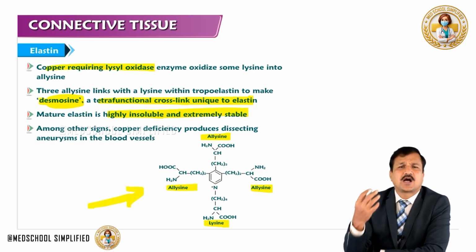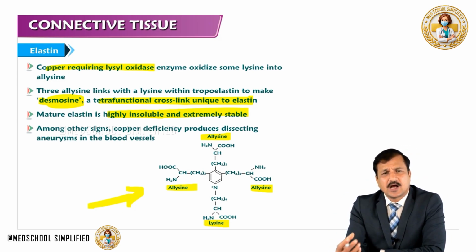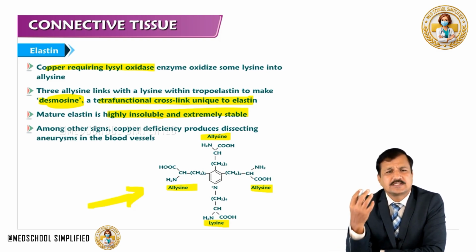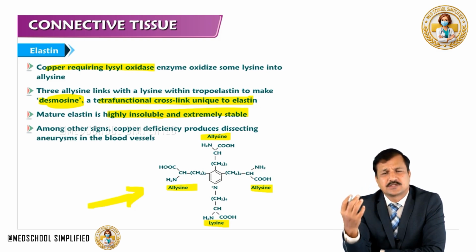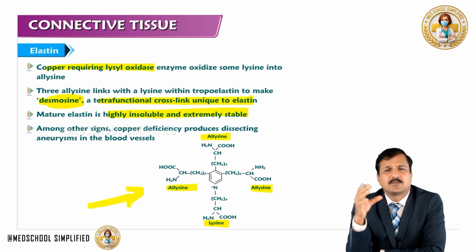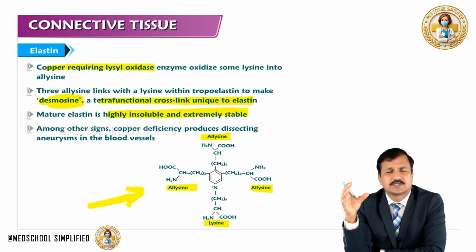So, a copper deficiency will lead to a dissecting aneurysm in the blood vessel, and that is one of the signs of copper deficiency among other signs of copper deficiency.